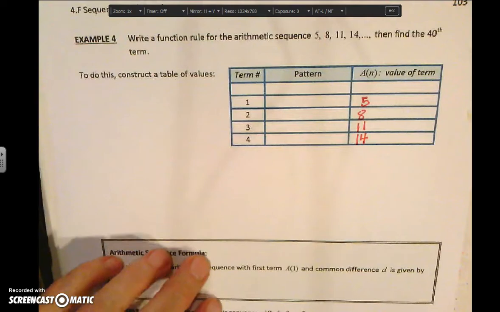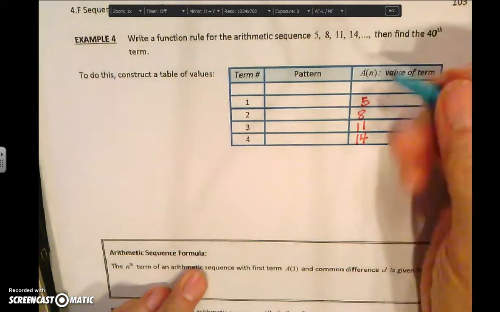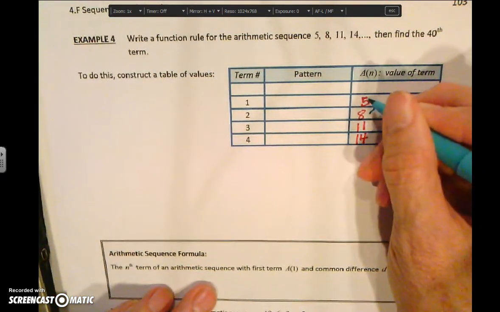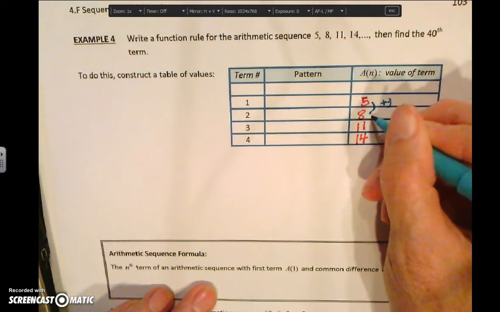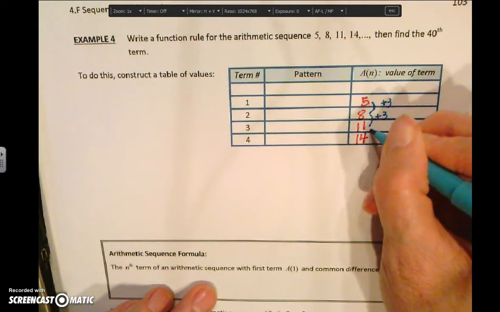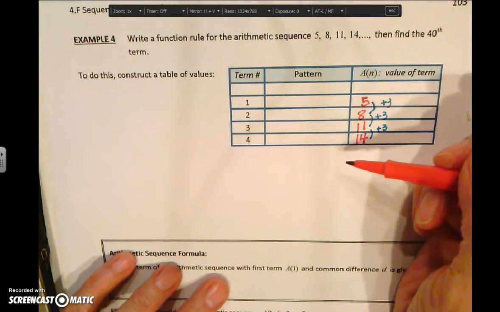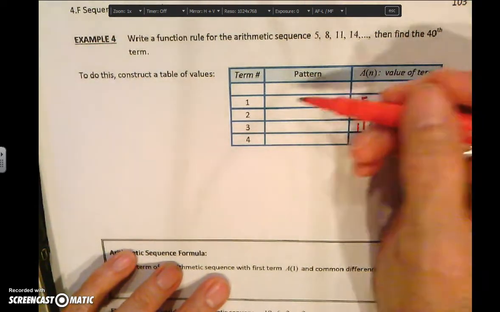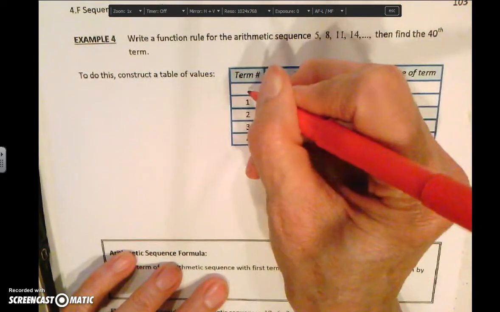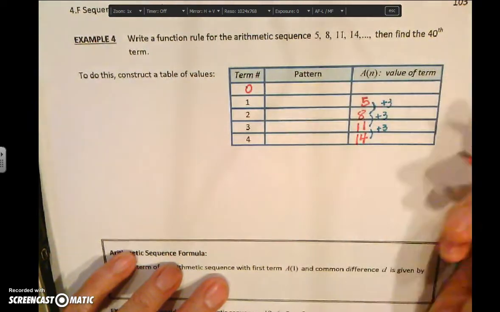So we've talked before about constant changes. 5 plus 3, so you can see it's plus 3 each time. I can see that there. So we're going to try and write a function rule. Now, if you think about it, when we did this before, we always were interested in what happened at 0.